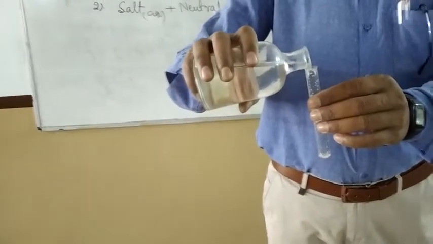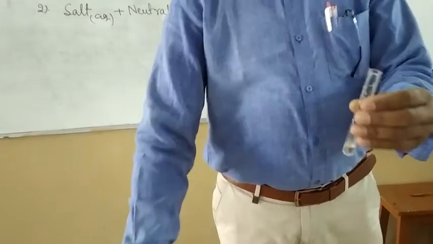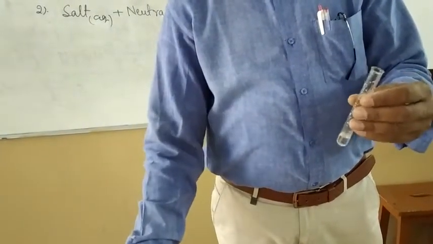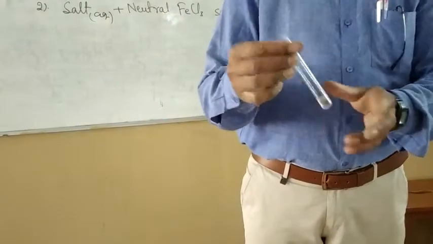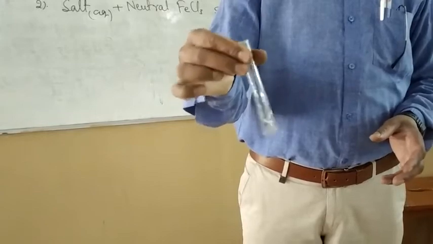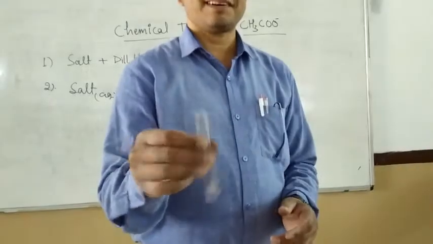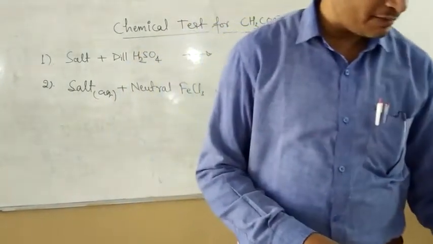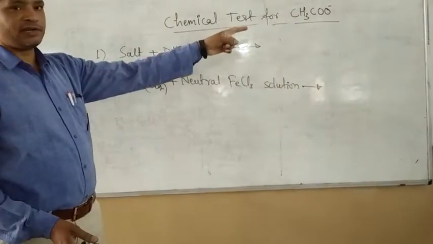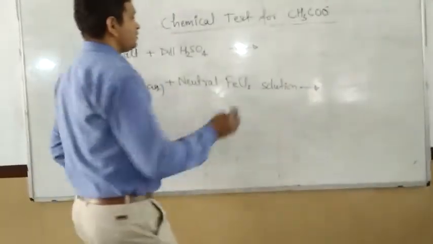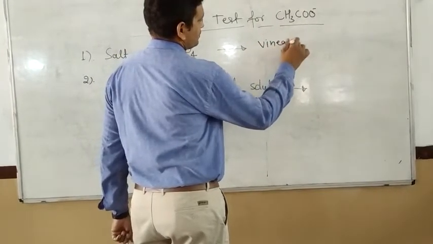This observation is not possible to show in this video because it produces a smell called vinegar smell. After adding dilute sulfuric acid to this salt, we have to just smell it. Yes, obviously it is producing a vinegar smell. So whenever you add dilute sulfuric acid to a salt of acetate ion, you will observe a vinegar smell.